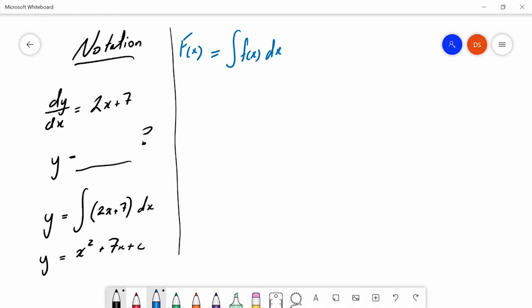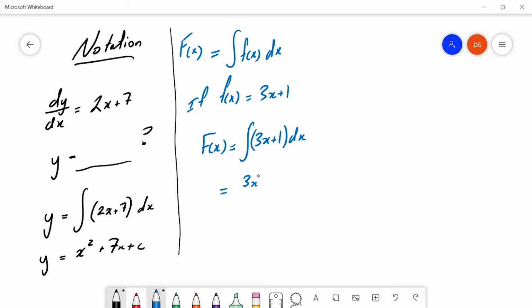So if you were to use functional notation, if f of x was equal to 3x plus 1, then I'd say capital F is equal to the integral of (3x plus 1) dx, making sure I put brackets. As you get used to the maths, you tend to skip those brackets, but it's really important because calculators tend to mess this up quite a lot. Alright, so that's how we integrate, and we can integrate all of these functions.